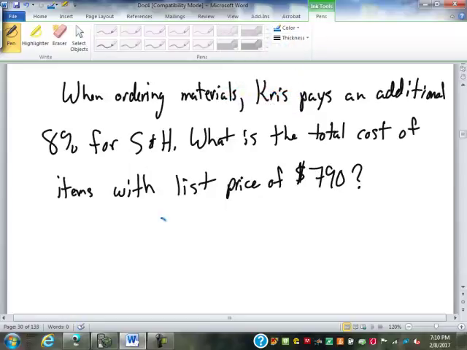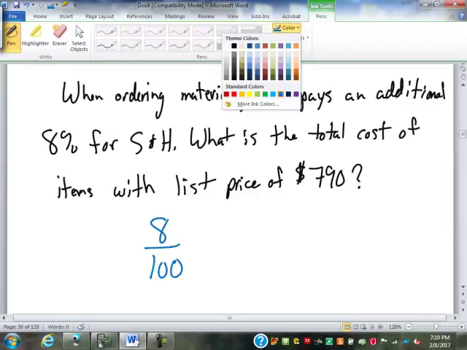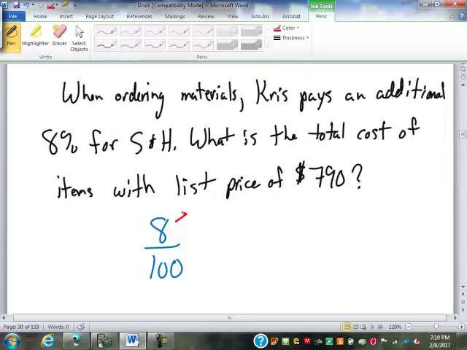So we have the 8%. The 8 represents what? Shipping and handling. Now, what would that 8% be calculated off from? What would it be based on?